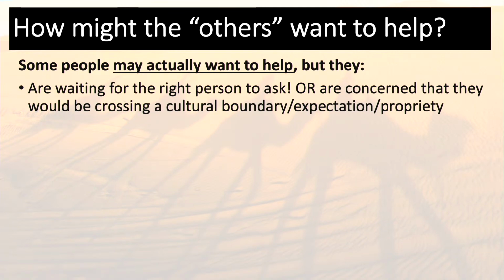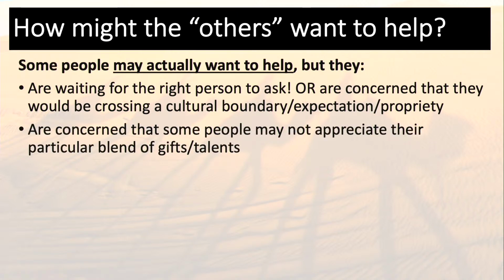Or maybe I think that I would be crossing a cultural or social boundary or propriety to volunteer when I'm not even sure if I can commit to all of this, but maybe I can hold a rake, if other people are willing to let me hold a rake or hold the hose for a little bit. Maybe there's concern that other people may not appreciate their particular blend of gifts and talents. You may not be able to produce tomatoes as well as someone else, but at least you're helping out in the garden.